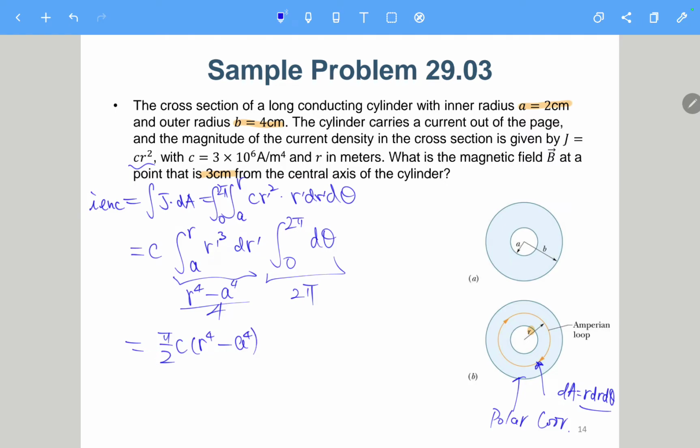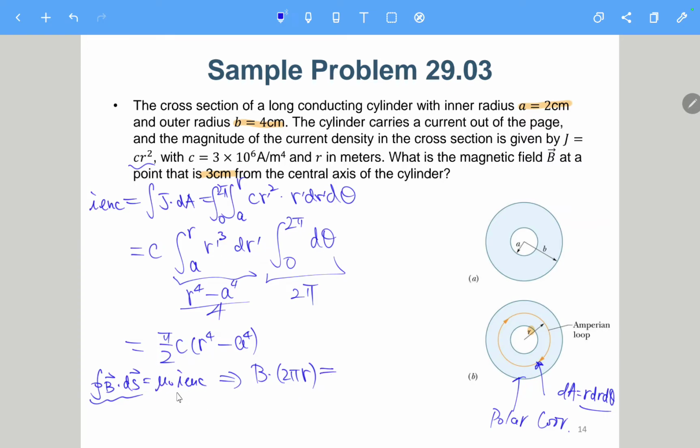Okay, so this is I enclosed, and then we can apply Ampere's Law. For Ampere's Law, we have the line integral of B dot ds equals mu 0 I enclosed. On the left side, as usual, we have B times 2 pi r, because everything is symmetric. If this is not symmetric, then you need to spend some time to calculate this line integral. But this is a physics course, not a calculus course, so usually it will not be so difficult to calculate.